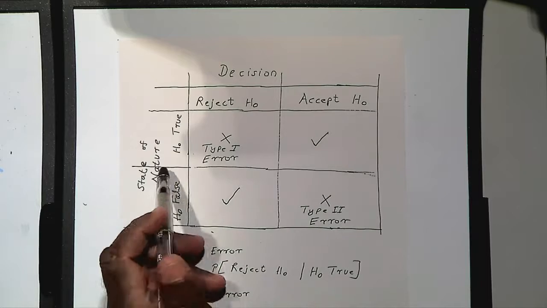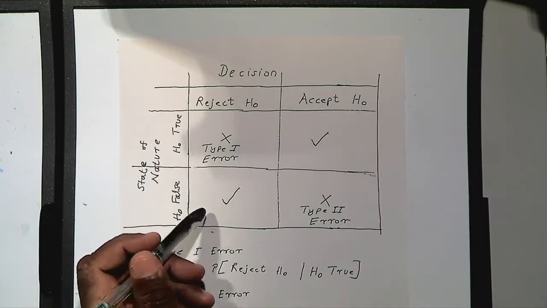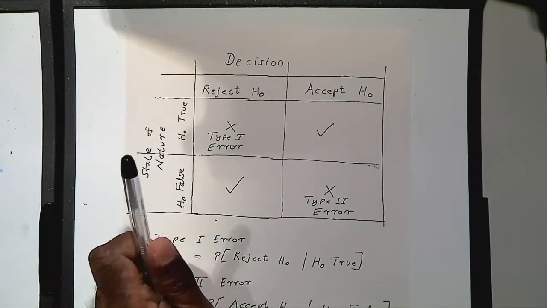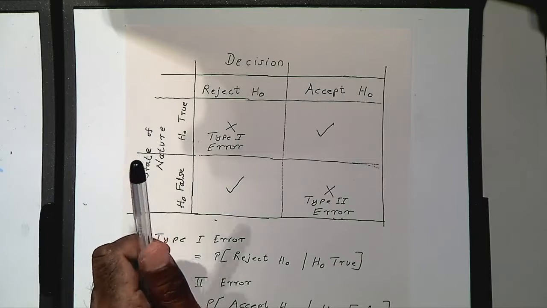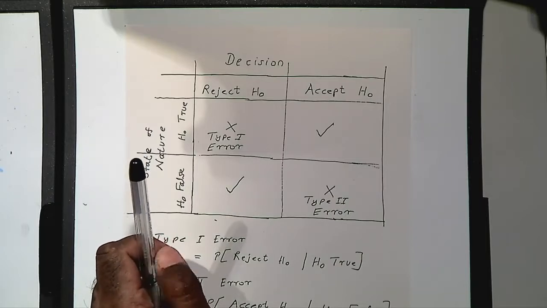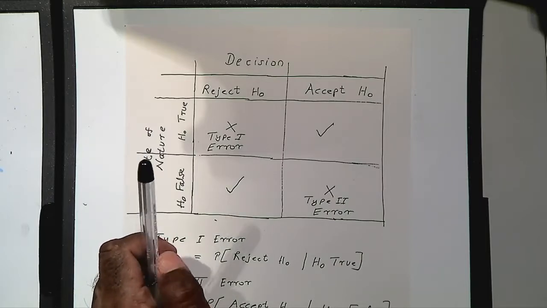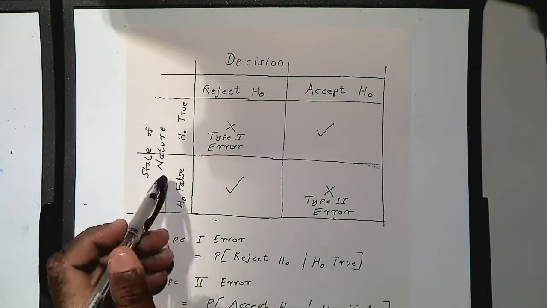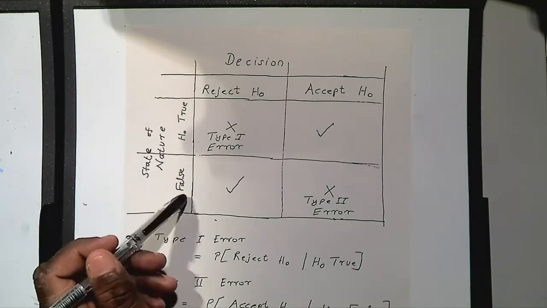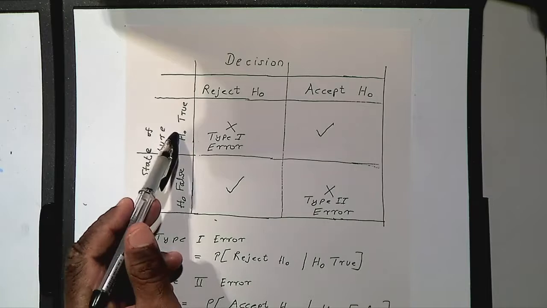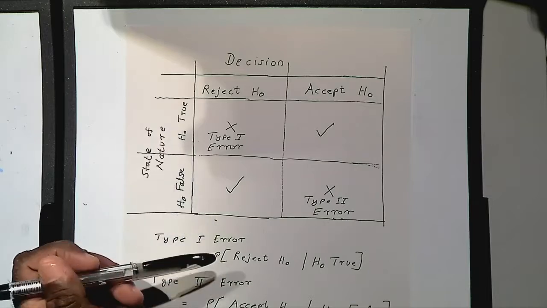The state of the nature is something only God knows, right? We humans have no idea whether it's going to rain tomorrow or whether it's going to be sunny tomorrow with 100% accuracy, right? Only one person in the world knows that. So the state of the nature can be either one of these two, right? Either H0 is false or H0 is true, one of these two outcomes, right?